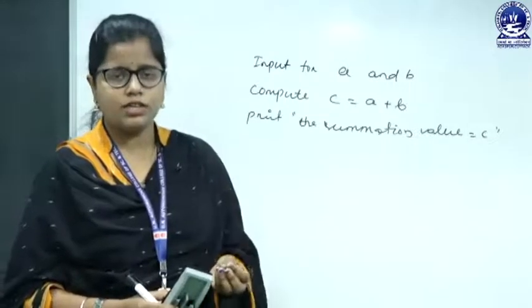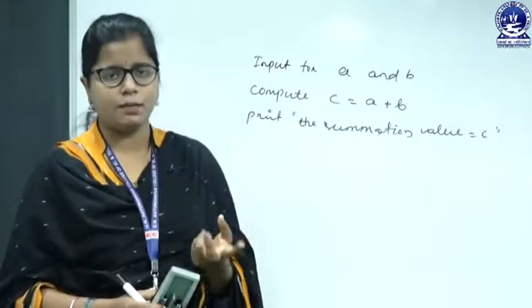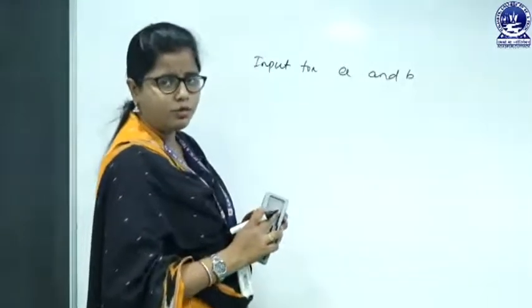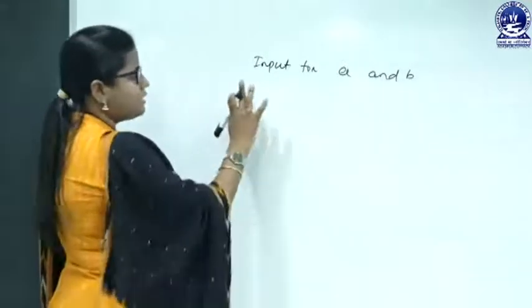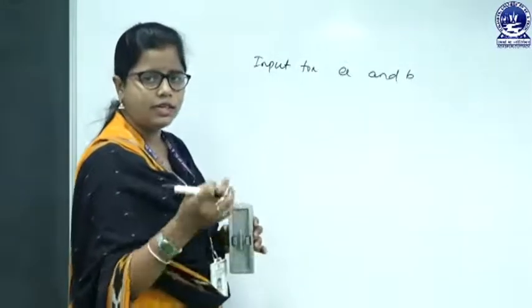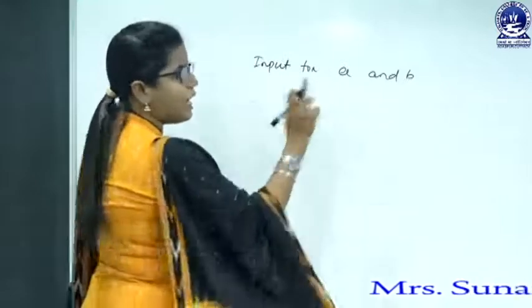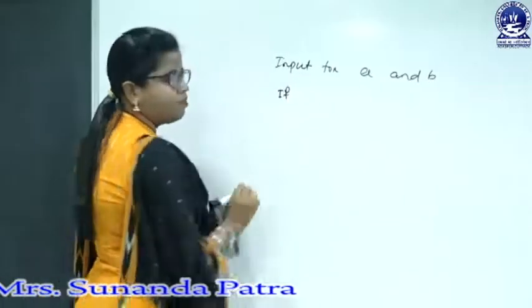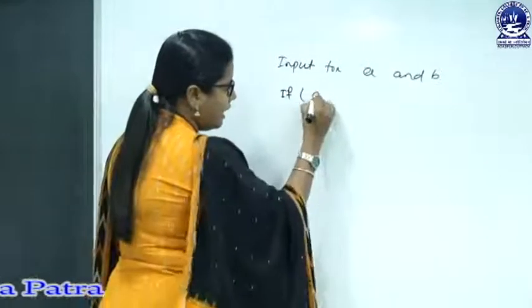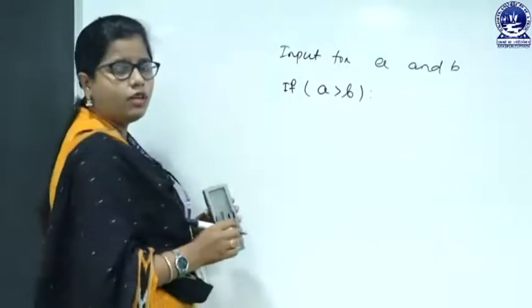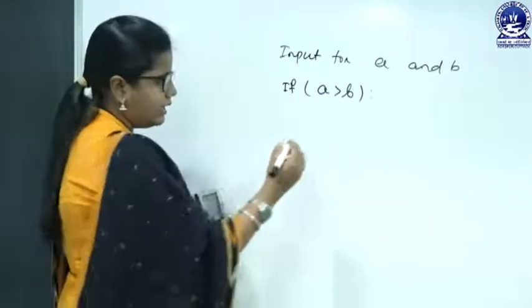Suppose the second question is to find the greatest number among two numbers. The first line is input A and B, where we can ask the user to give some input for A and B. Then we have an if condition. If A greater than B, then we have to follow the indentation.